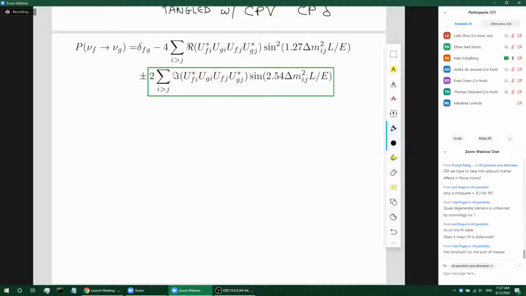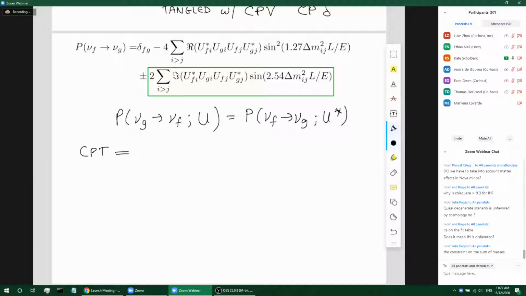And just to show how CP violation comes in, if you eyeball this expression, the probability of transition from flavor G to flavor F, for a given U, is the same if you take the complex conjugate of the mixing matrix. You can get that from that oscillation expression.